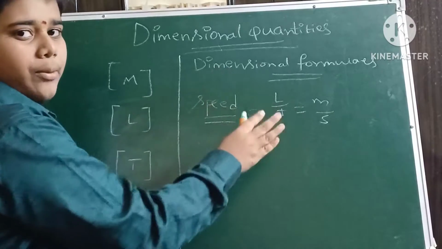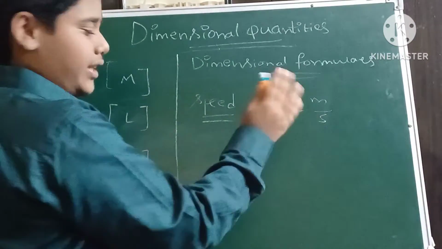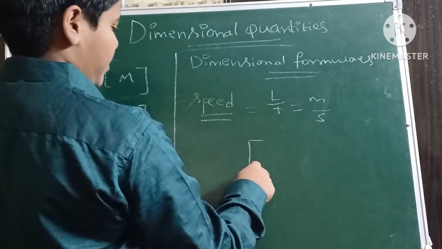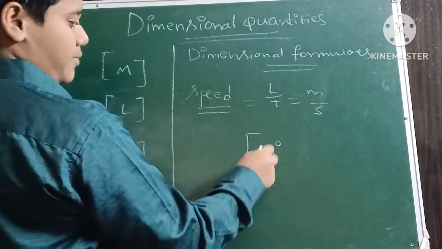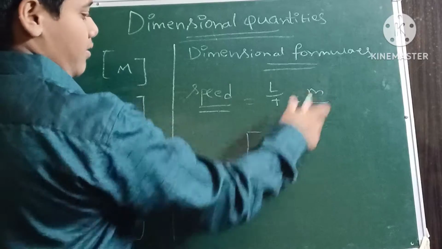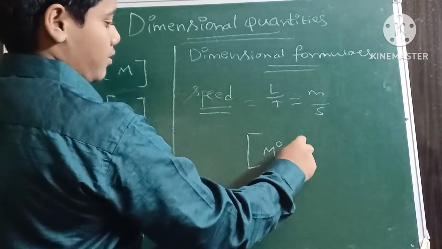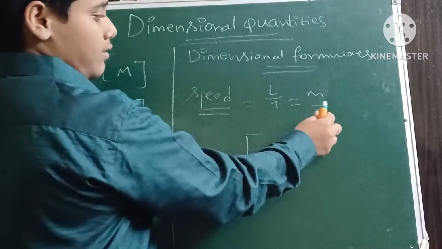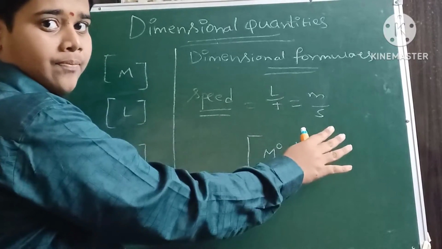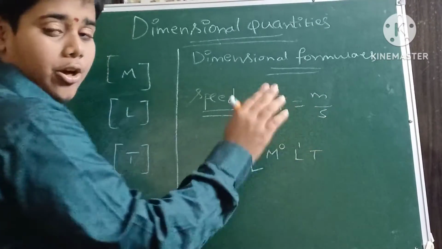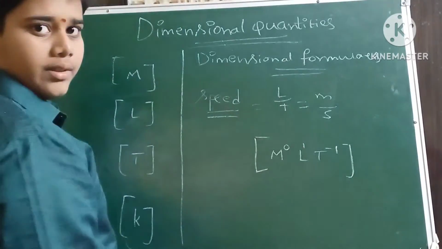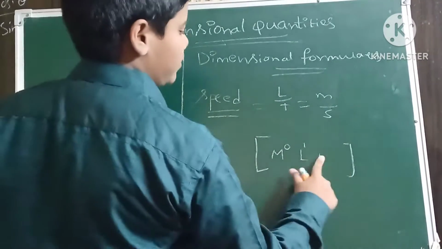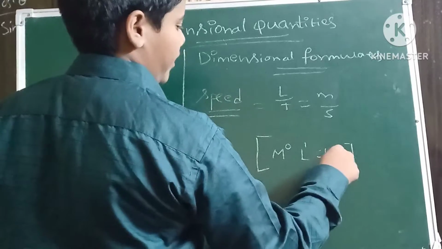In this unit there is no mass. So the dimensional formula of speed is, there is no mass, so M0. Length is 1 unit, so L1. Time is 1 unit, but time is in the denominator, so T minus 1. Or else we can write 1 by T1.